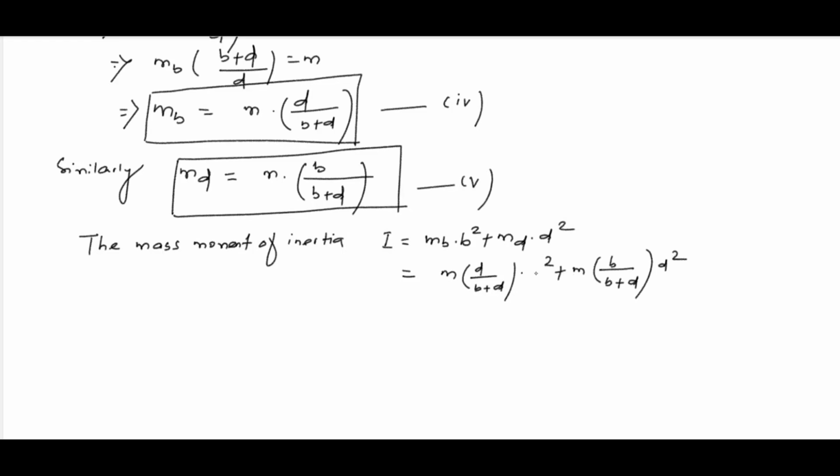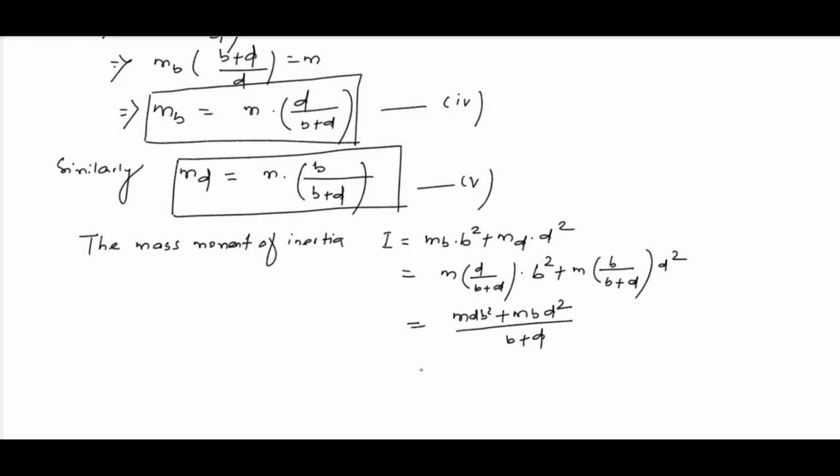Sorry, this is our b. So our equation becomes M d b squared plus M b d squared divided by (b plus d).